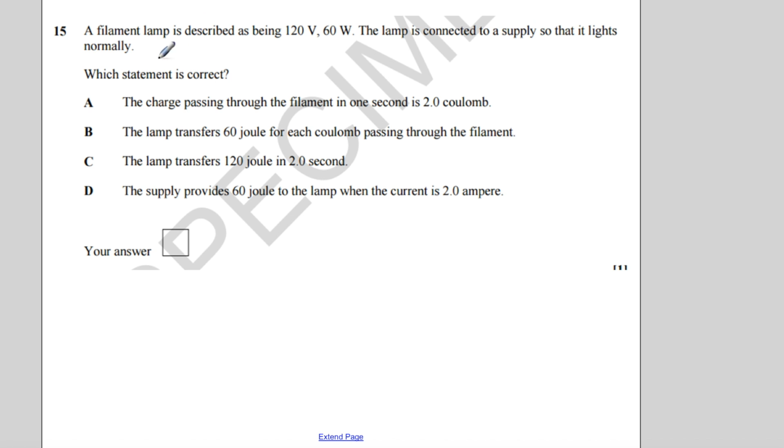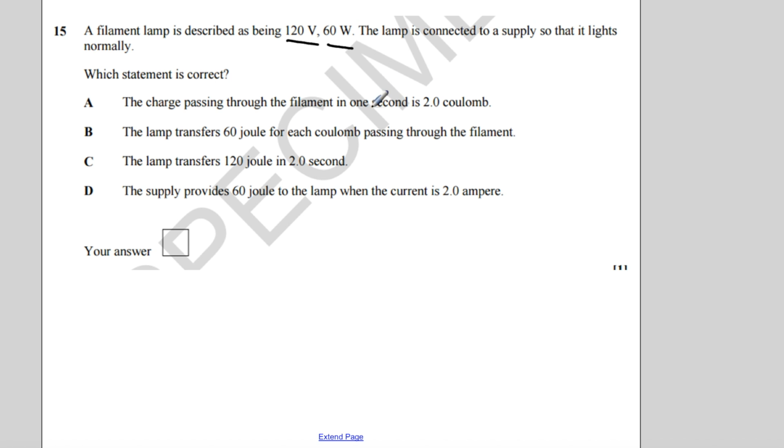Question 15 is about a filament lamp. It's connected to a voltage of 120 and the lamp has got a power of 60 watts. The lamp is connected to a power supply so that it lights normally. And we need to check which of these statements is true. Charge passing through the filament in 1 second is 2 coulombs.